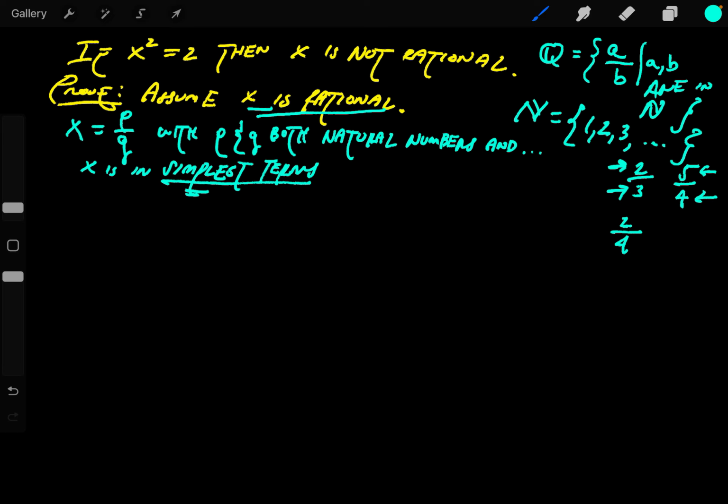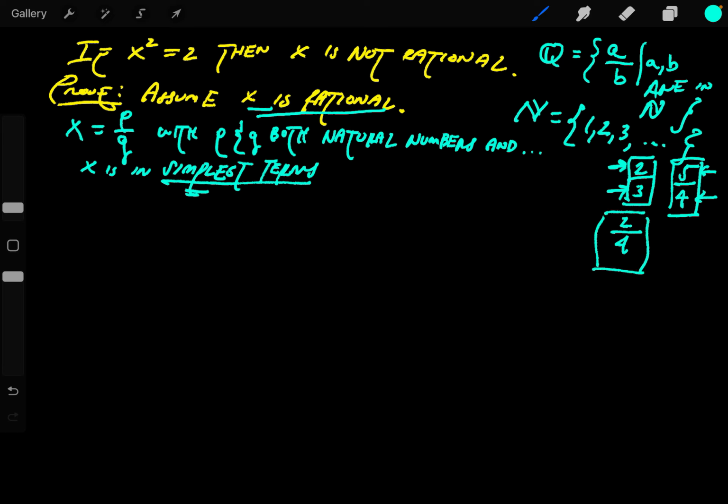Now, any fraction, right? Let's look at these fractions. 2 over 3 is in simplest terms because 2 and 3 don't share any factors. 5 over 4 is in simplest terms because 5 and 4 don't share any factors.